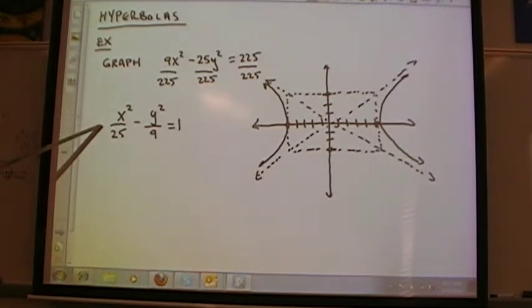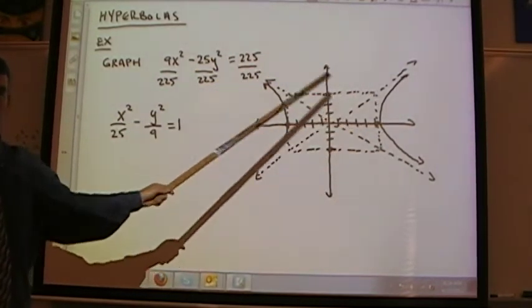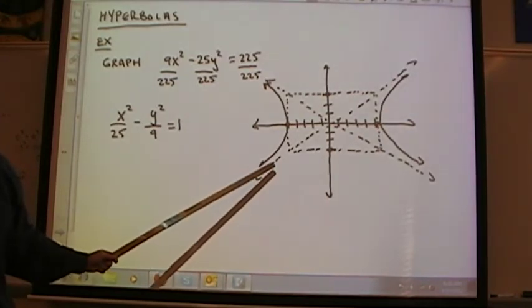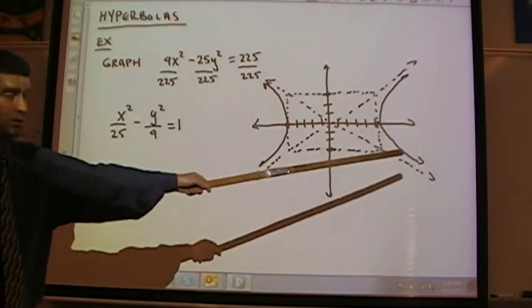Ellipses, x has to be first, y has to be second. But for hyperbolas, they can switch places, and you open your graph along the one that comes first. So if y came first here, then it would open on the y-axis, up and down. Got it? Since x comes first, we open it along the x-axis, left, right.